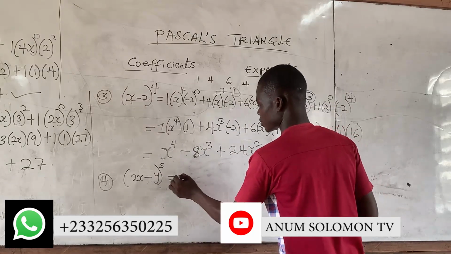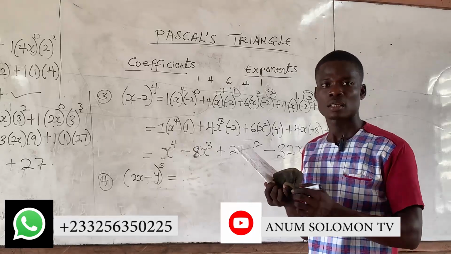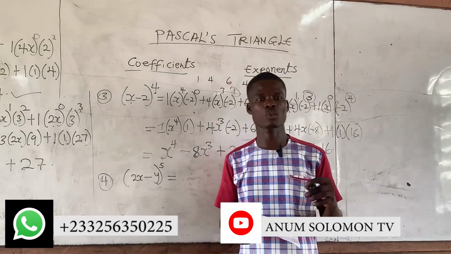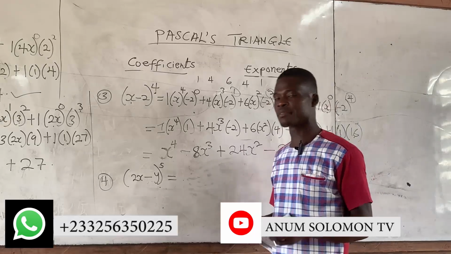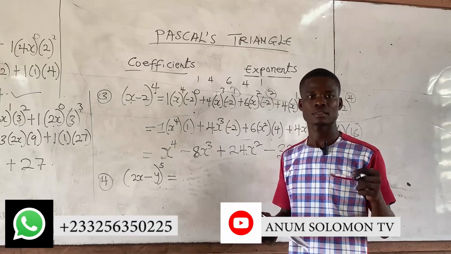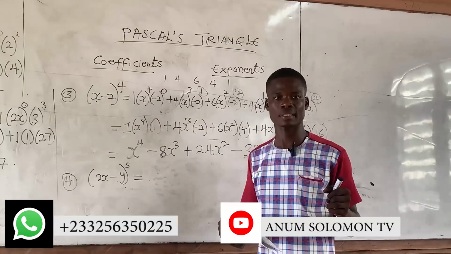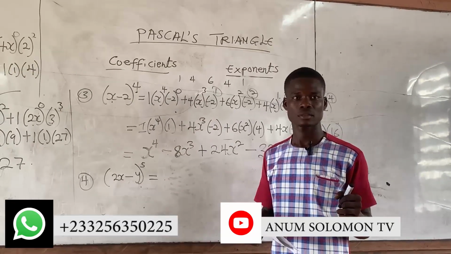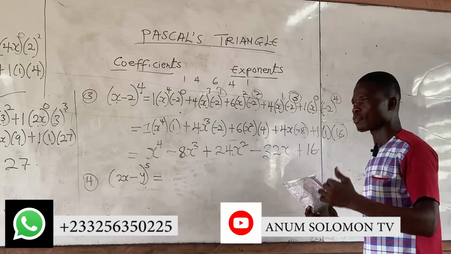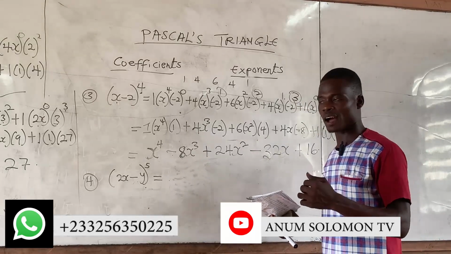So now the coefficients of power 5 are 1, 5, 10, 10, 5, 1.